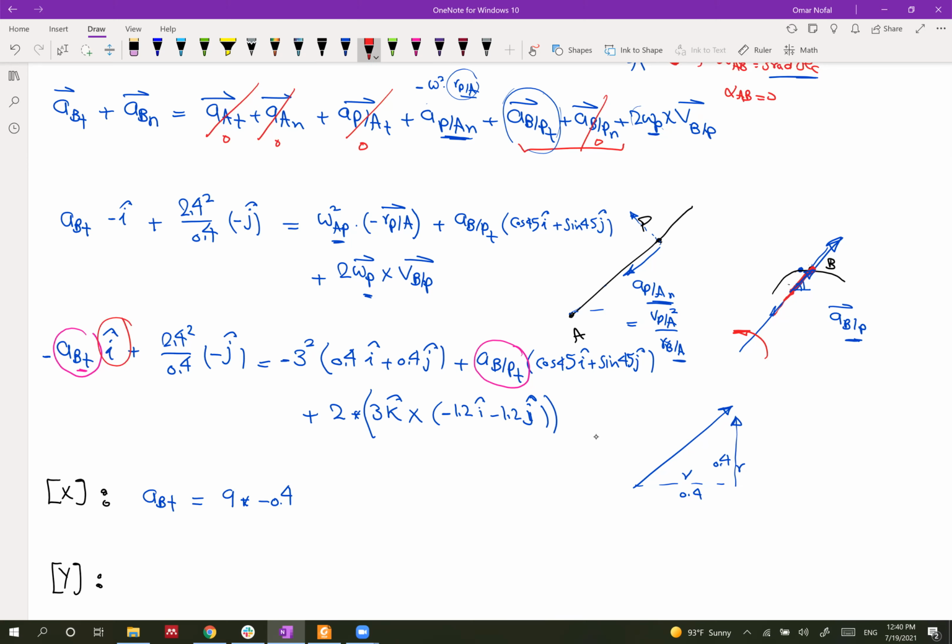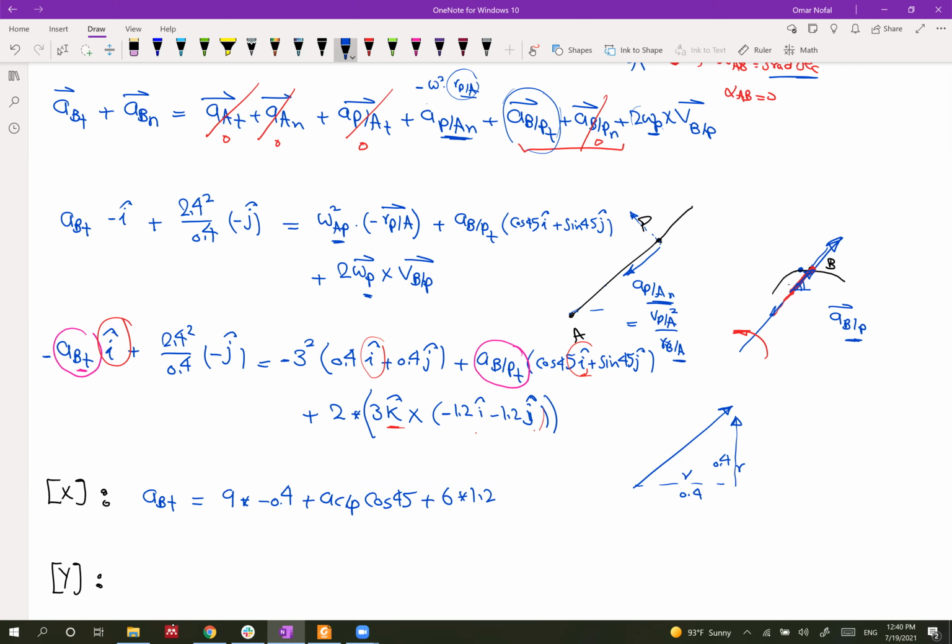When you multiply k by j, it will give you something in the I hat direction, and finally you will end up with negative 0.4 plus AC with respect to P multiplied by cosine 45, and actually this should be negative, and plus 6 multiplied by 1.2. And I think I managed to change the signs.